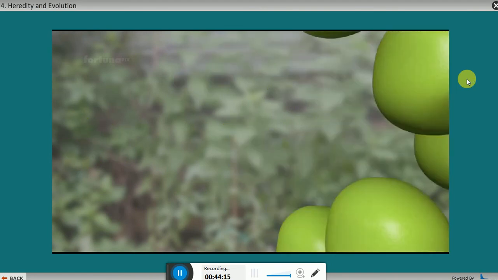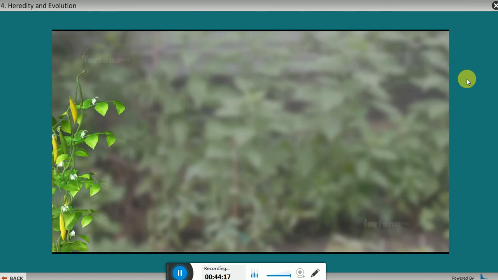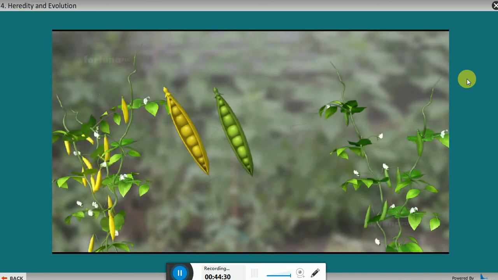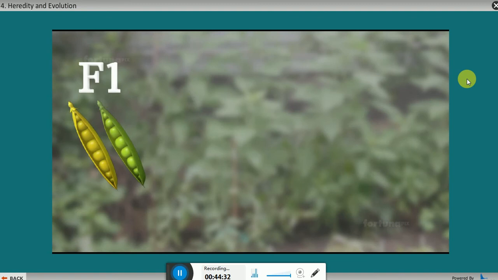He then cross-pollinated the parental plants, sometimes referred to as the parental generation, of yellow seeds with the plants of green seeds. In the F1 or filial generation, each of the plants yielded seeds with yellow color.